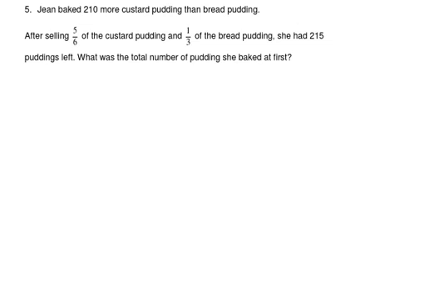So, first, I draw a model to show you the custard pudding and the bread pudding. So I know that custard pudding is more than bread pudding by how many? Custard is more than bread by how many?